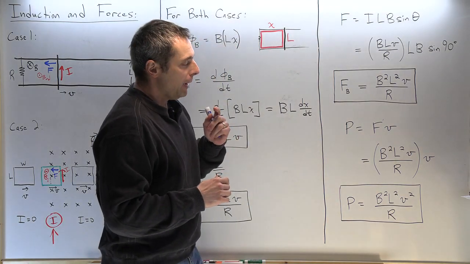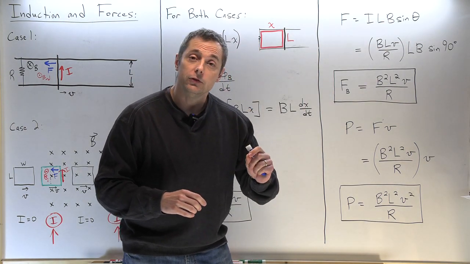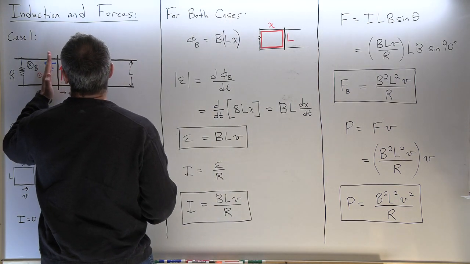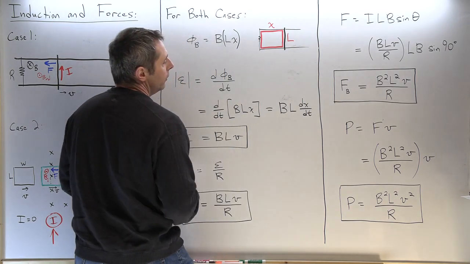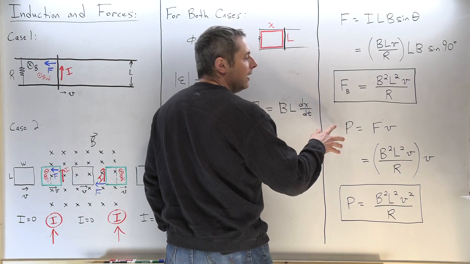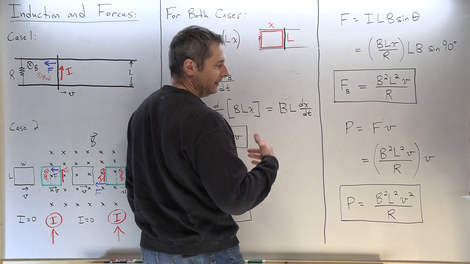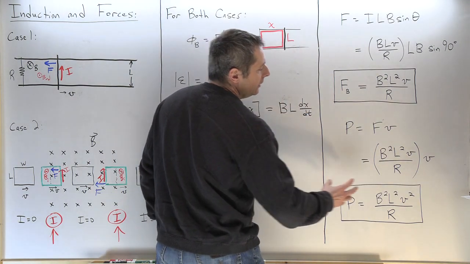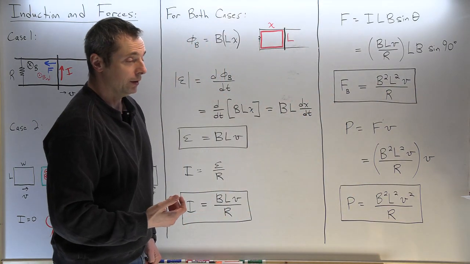So the power is either the heat produced in the resistor, or the mechanical power of something pushing this to keep it moving and not decelerating. So either way, if you figure out the power, the mechanical power pushed to keep this thing moving at this constant velocity, you could use force times speed. And here's the force times speed and the expression for the power.